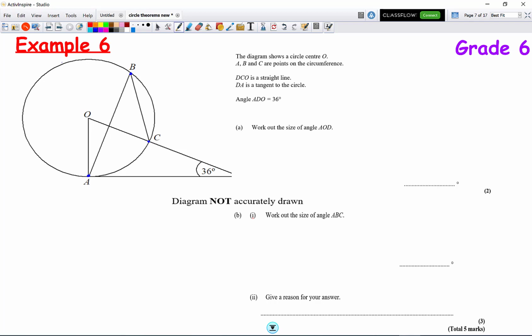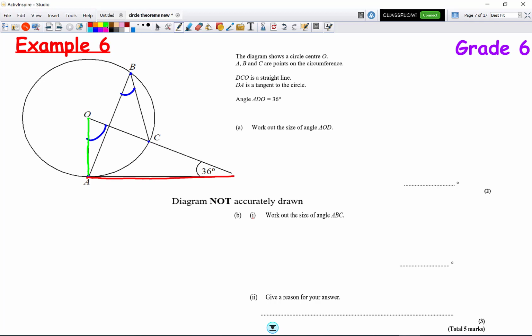But what we can say is that we have an angle at the center and we have an angle at the circumference. We know that the angle at the center is twice the angle at the circumference. Also, I can use another circle theorem here. I've got a radius and a tangent. Just mark them in. The radius is here, and here we've got a tangent on the bottom.